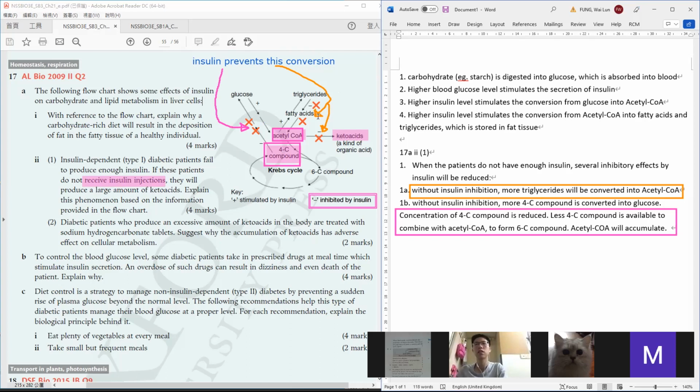Now with more acetyl-CoA accumulation, and also part 1C. Part 1C means that without insulin inhibition, acetyl-CoA will be converted into keto acids.